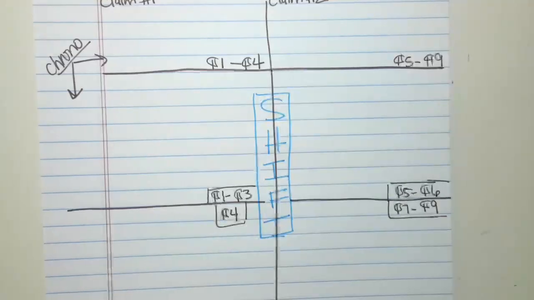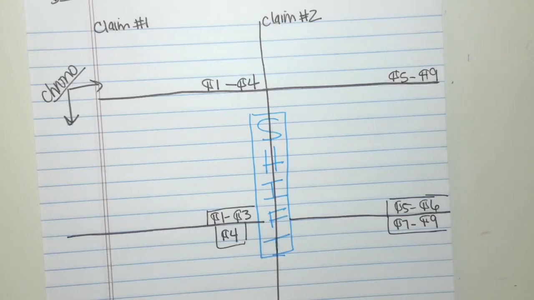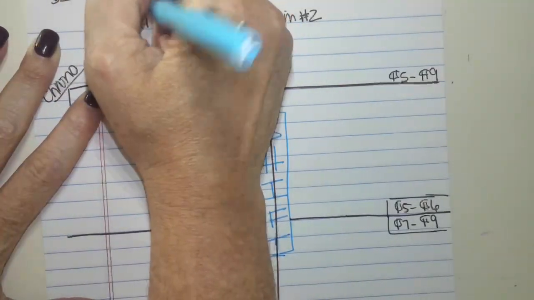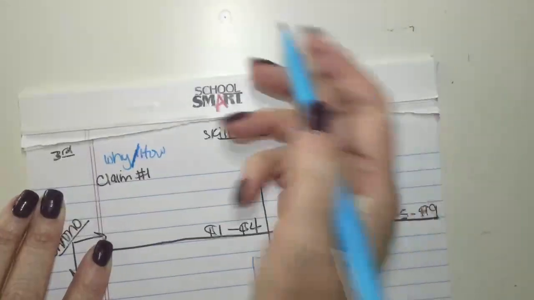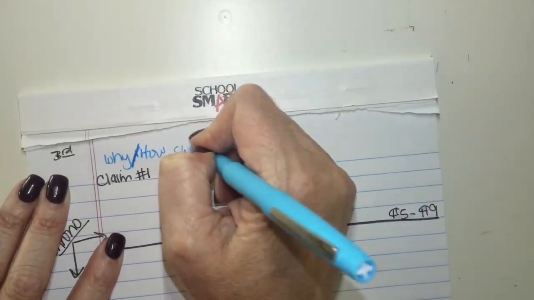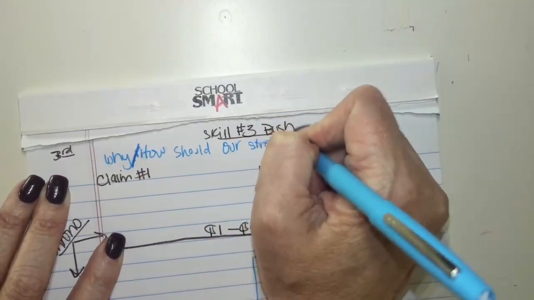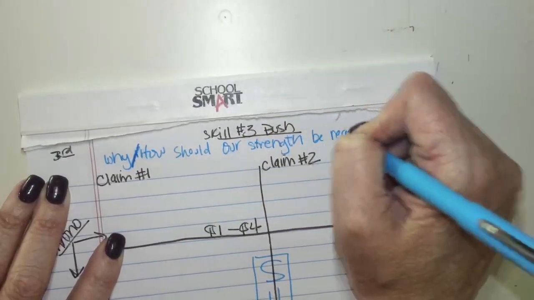Okay, so look at paragraphs 1 through 3. What is something in there? Well, let me go back. We have to answer the question why or how, right? So why or how should our strength be reaffirmed?